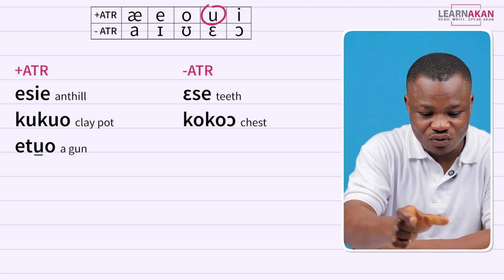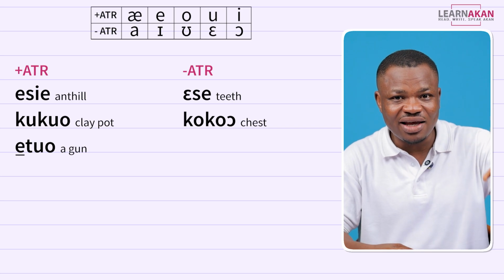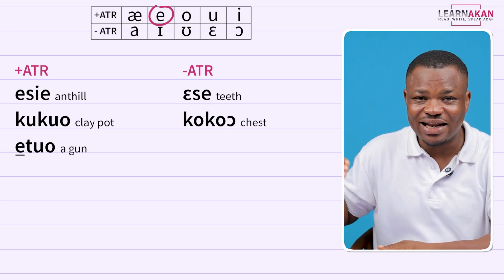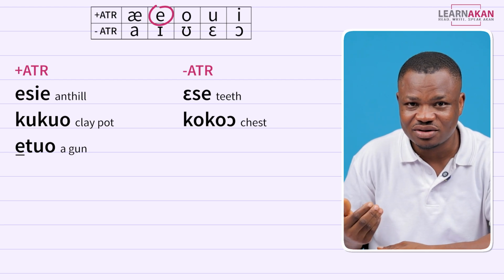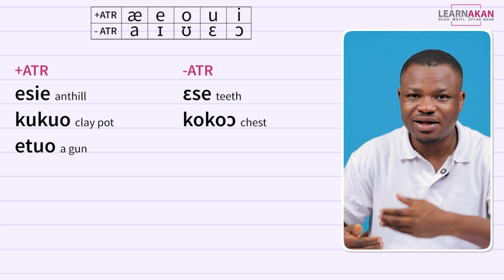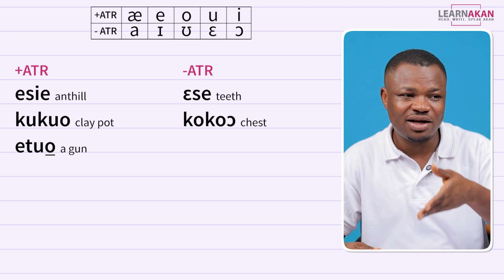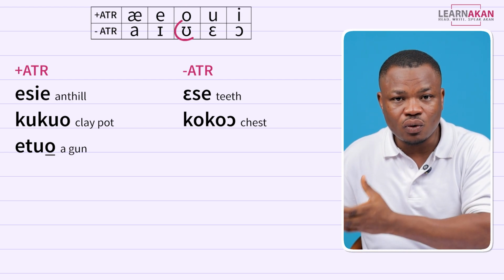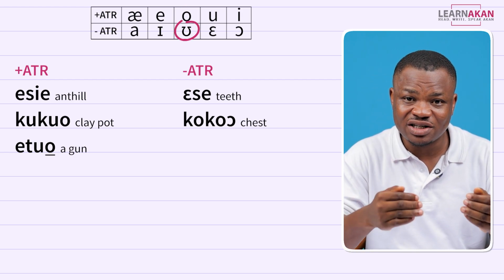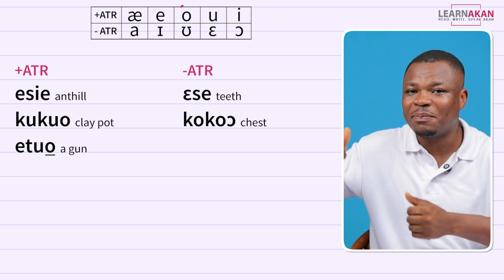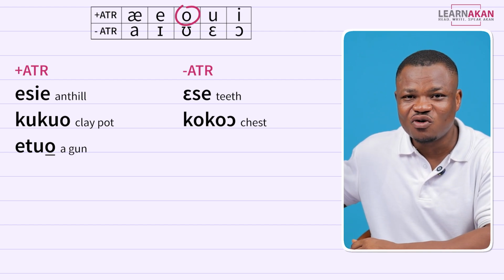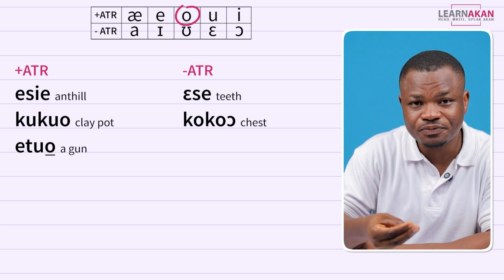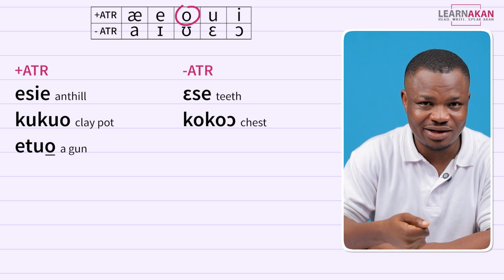So once we have this U, it means the initial A that you find there will be from the plus ATR set, and that is the regular A sound. Okay? And again, the last O that you find there, even though O can be realized as O or as O, this can only be in perfect harmony if this is from the plus ATR set. And for that, we have the regular O, right? So we have a two as a gun.